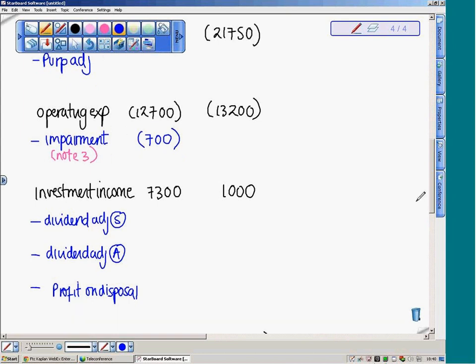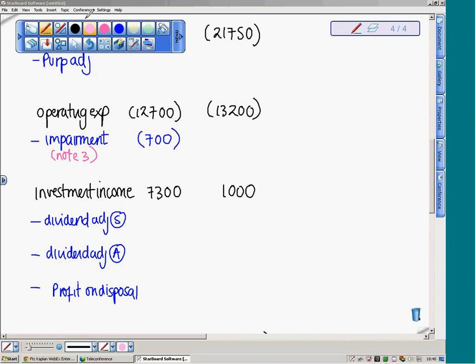What else can I deal with? Well, they do tell me about dividends that the parent has received from Brandon and from Palmer. Okay? So what I can do is look at the ordinary dividends that are paid in the extracts of the statement of changes in equity given to me in the question.